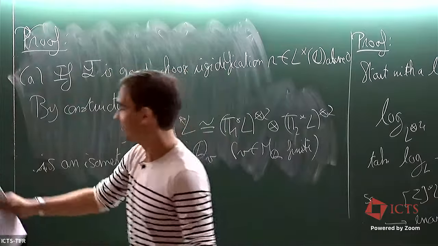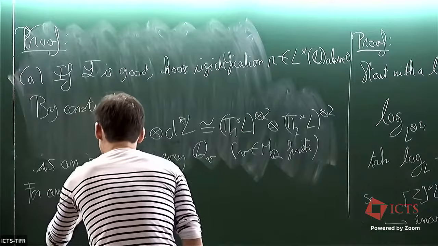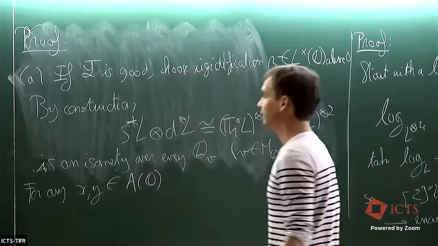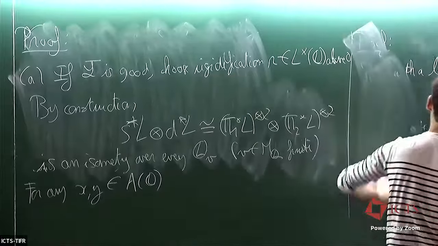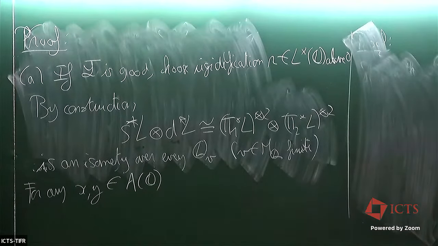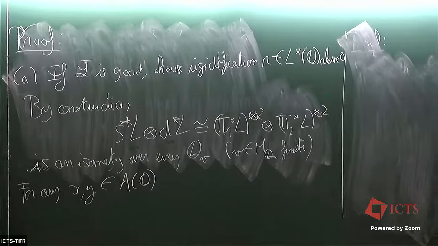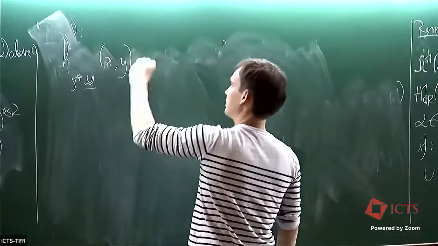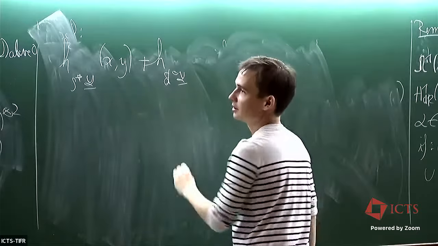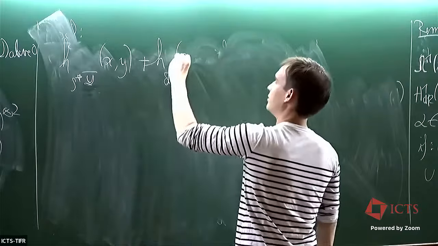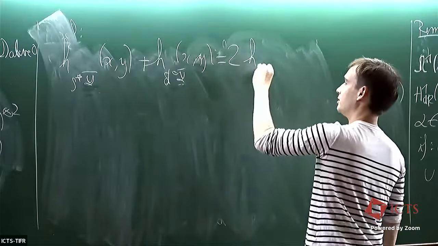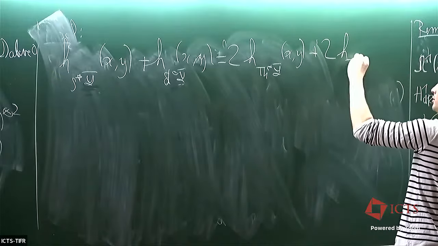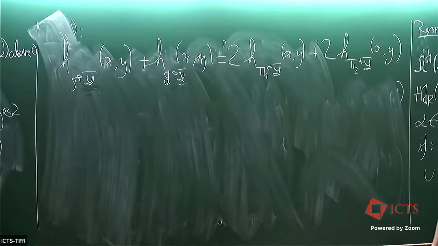So what it means is that if I choose u above x, so for any x, y inside A of q, sorry, it means I have H S star L bar of x, y plus H D star L bar of x, y is equal to 2H pi1 star L bar of x, y plus 2H pi2 star L bar of x, y. Okay, that's by equality here.